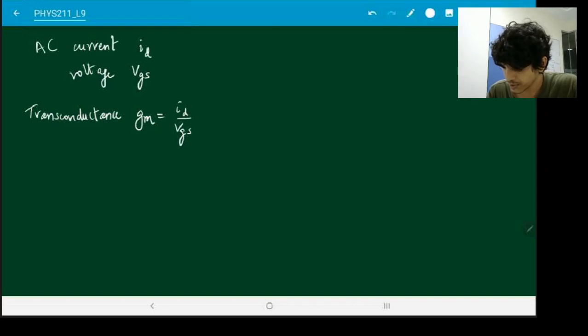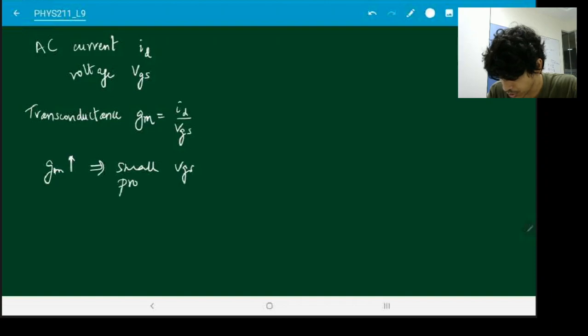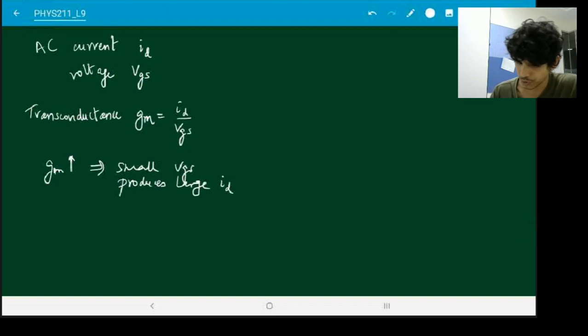So physically, what is gm? gm tells you how much control vgs has over id. Because if gm is large, what it means is that a small vgs produces a large current. So the magnitude of gm essentially tells you how sensitive is the AC drain current to the gate source voltage.